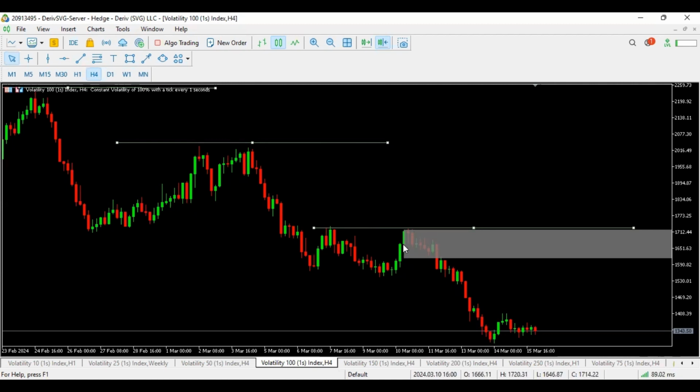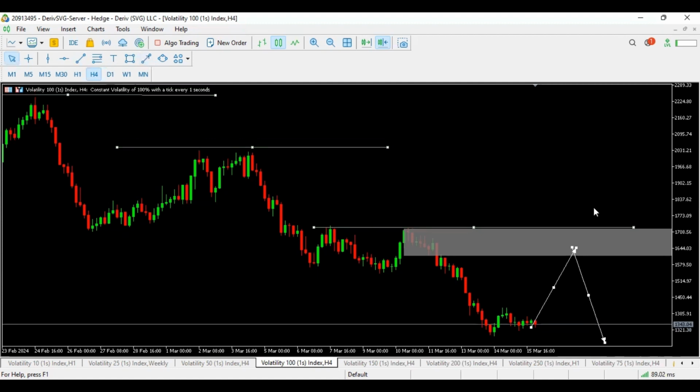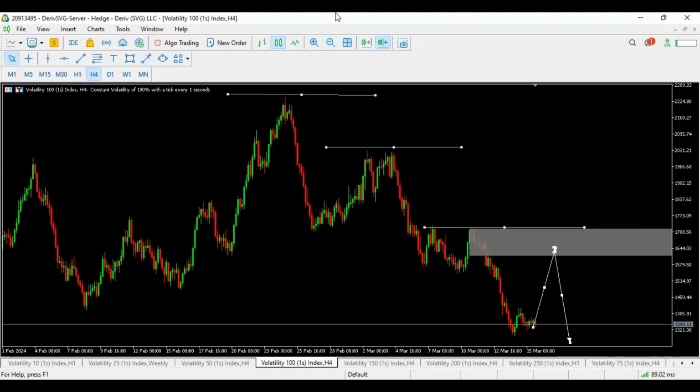Understand? So that means there is a lot of supply in here, supply orders that are waiting to be placed. And if the market is to retrace over there again, then we might see that sell move that might come from there. It doesn't necessarily have to happen that way, but you just need to think logically before placing any trade.